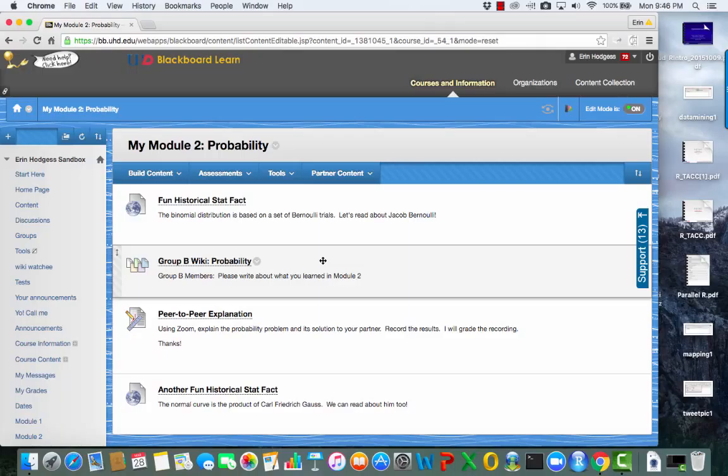Now, something that is very interesting that I'm going to do in this, I'm going to pair off people, and they can either select their own person or I will get them a person, and I will assign 2 probability problems. So each person will take a problem, work it out, and explain it to the second person, and the second person will take his or her problem and explain it back.